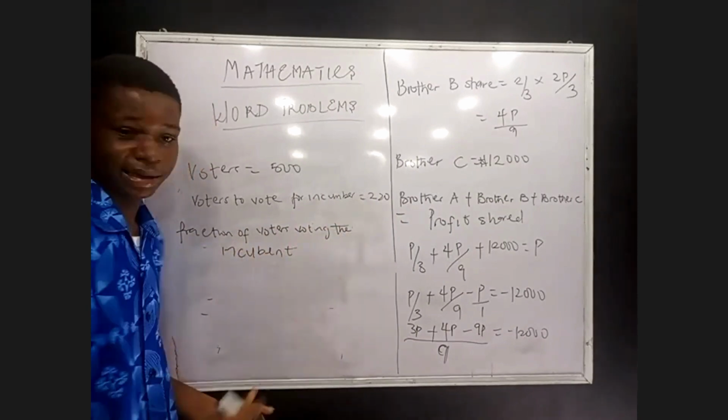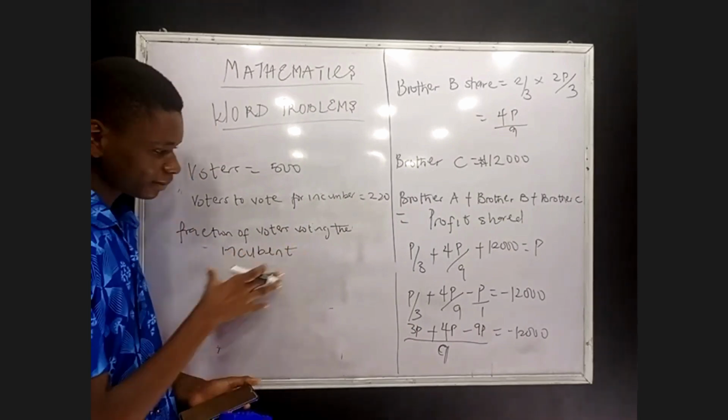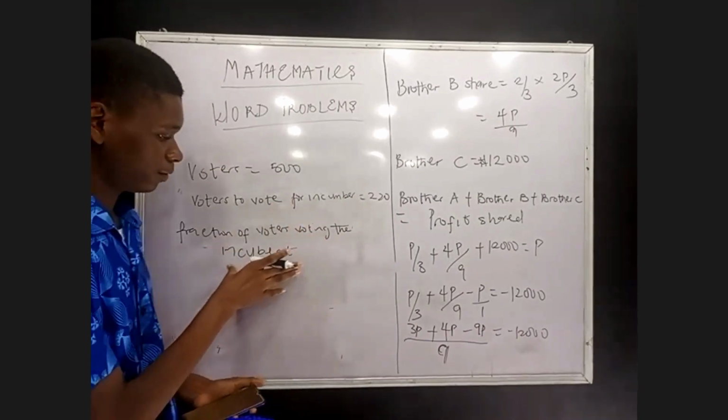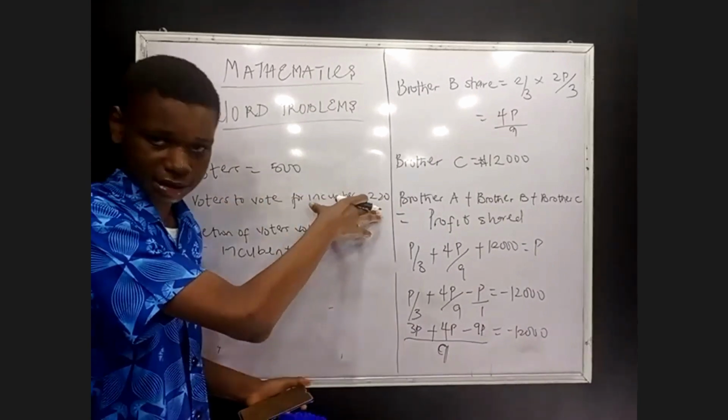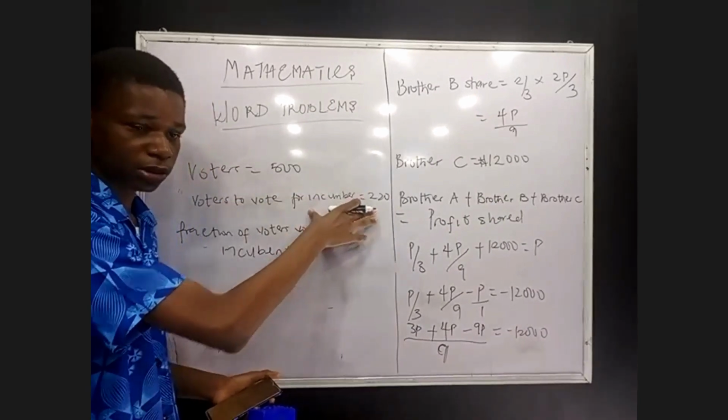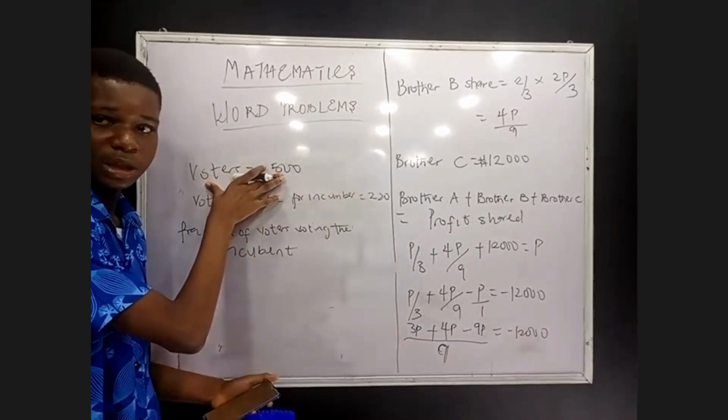I hope my handwriting is correct. All right, so how do I get the fraction of voters voting for the incumbent? I'll get the total number of voters that said they will vote for the incumbent divided by the total number of voters that took the survey.